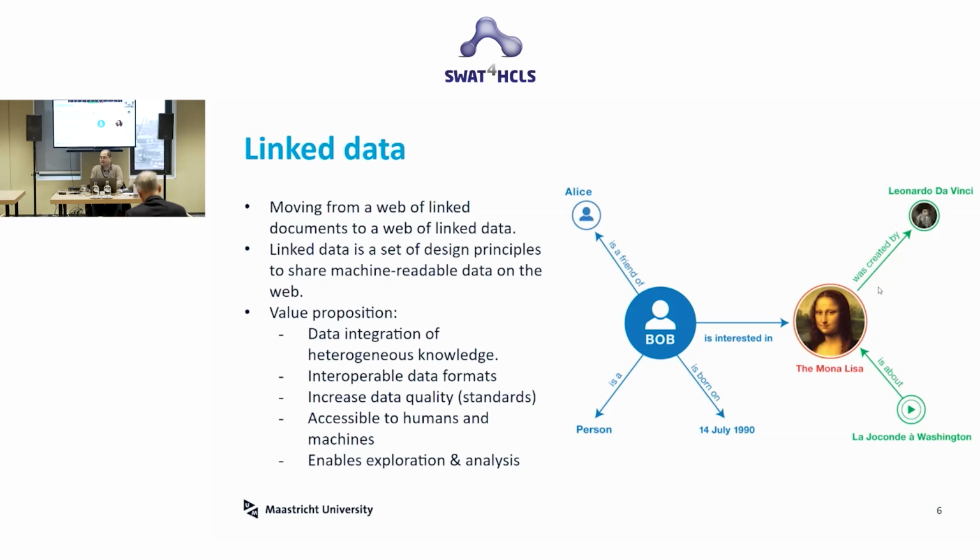Or for the Mona Lisa, it's created by, so also linking information about the piece of art, who made that piece of art. This is a very basic and simple example showing us that in a graph structure, we can encode different types of knowledge. So this is the aspect of data integration.